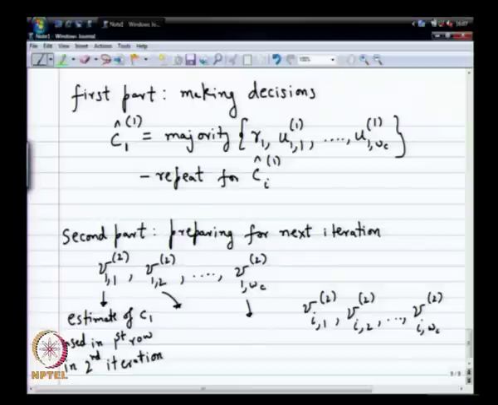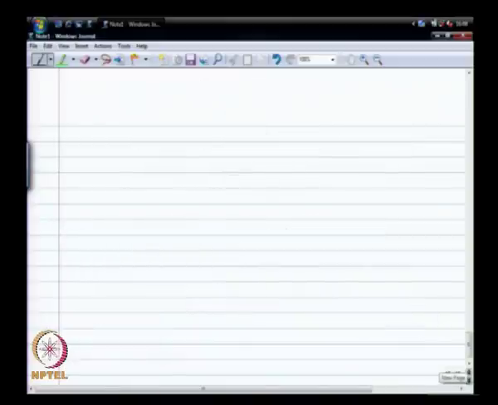The question in the second half of the first iteration is to figure out all these values. You have to figure out what estimate to use in each row in the next iteration. Is that okay? Finally, when I put everything together, maybe it will be a little bit more clear. So, let us just describe it, then I will come back and say how it is used.